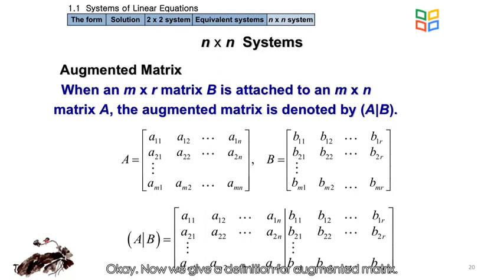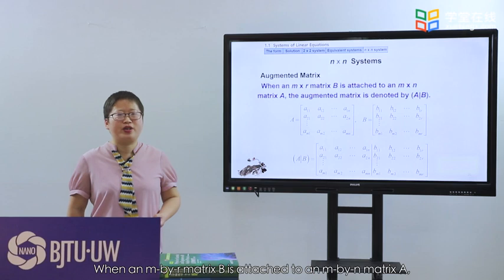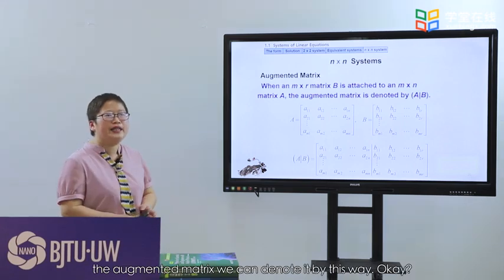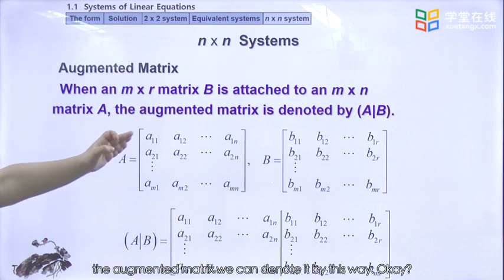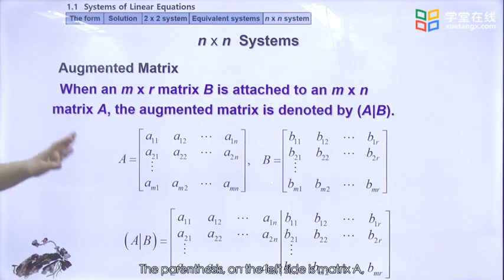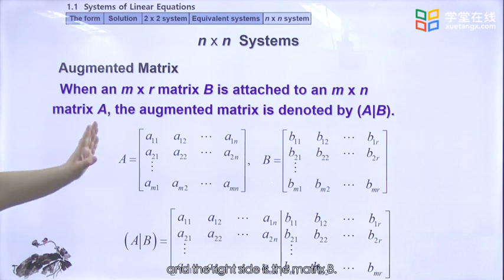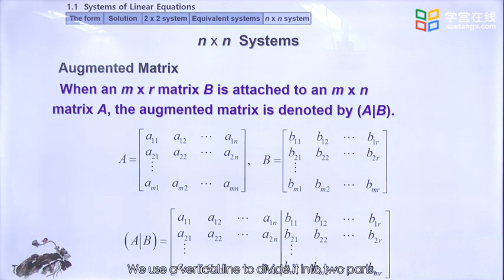Now, we give a definition for the augmented matrix. When an n by r matrix B is attached to an n by n matrix A, we can denote the augmented matrix this way: in parentheses, the left side is matrix A and the right side is B. We use a vertical line to divide it into two parts.